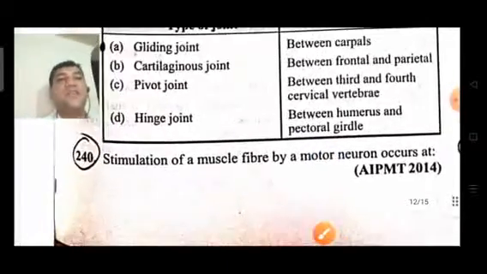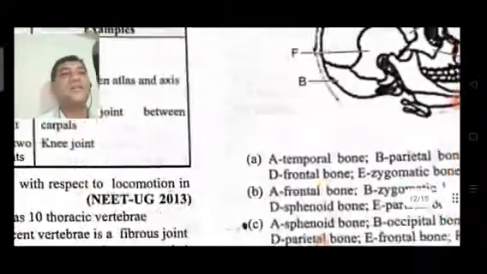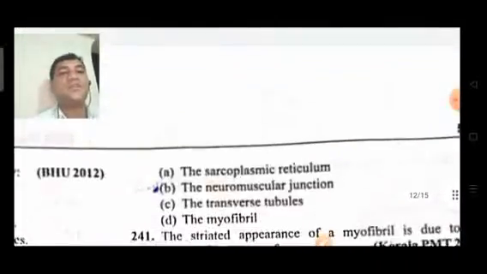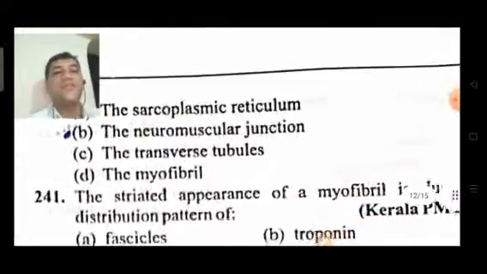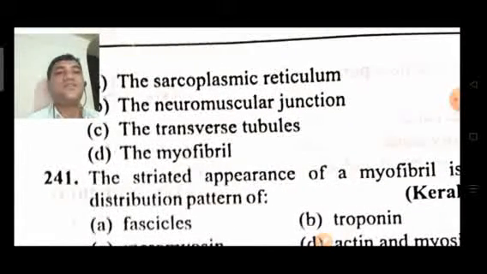Next, stimulation of muscle fiber by the motor neuron occurs at: the sarcoplasmic reticulum, the neuromuscular junction, the transverse tubules, or the myofibrils.